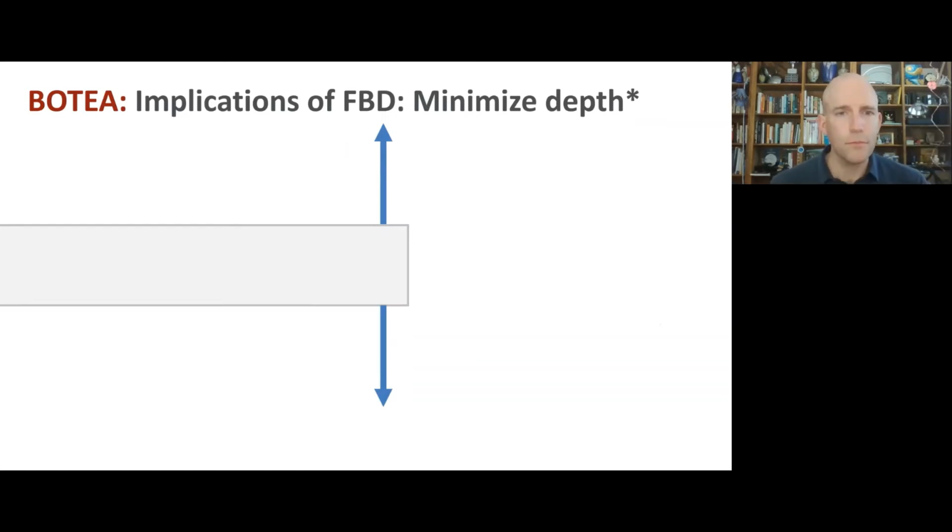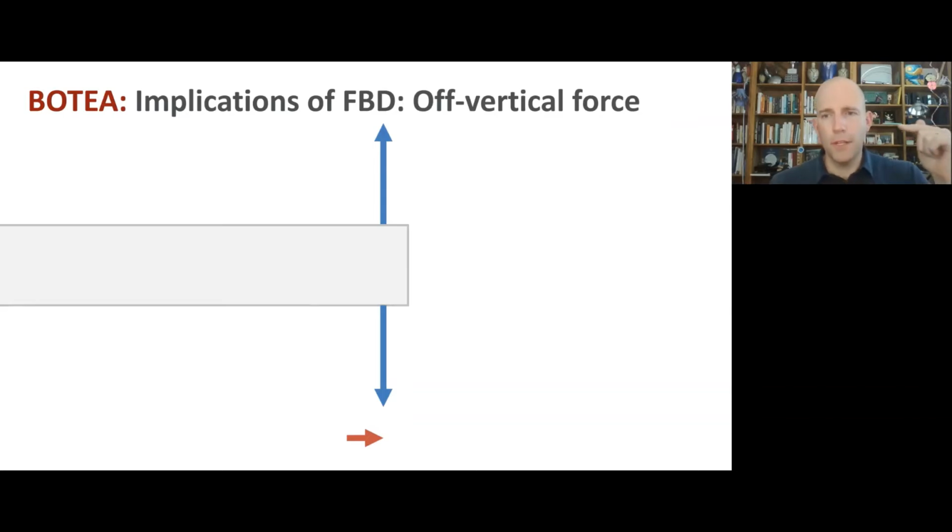lift. And there's one more thing that's worth thinking about here, which is, we've drawn this free body diagram assuming that everything is perfectly aligned and the robot is going straight up. But what if there is a little bit of a force effectively to the side in this free body diagram? Maybe instead of looking at the robot exactly from the top, we look at it from a slight angle.